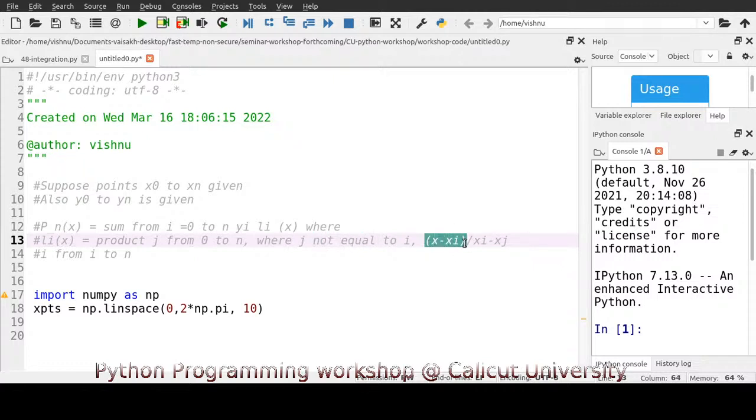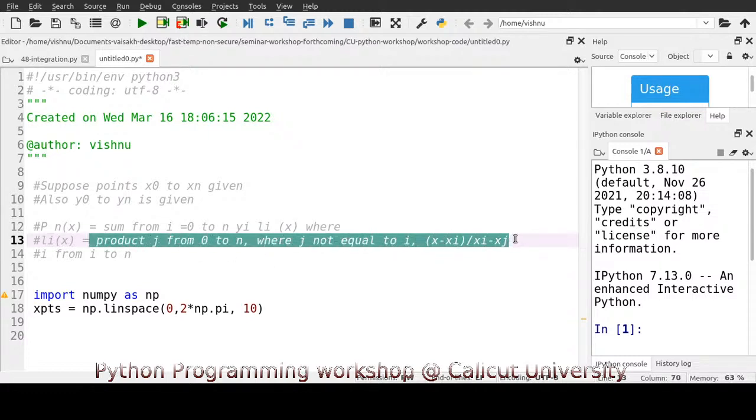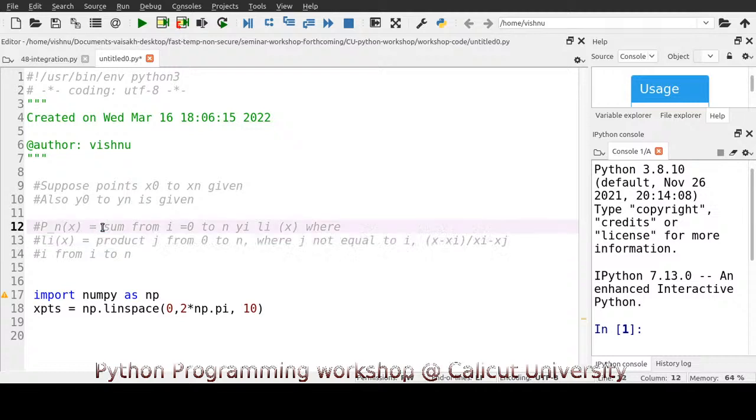Sorry, 0 is also included. Therefore, there are n factors of x minus xj. So Li of x is a polynomial of degree n. Pn of x is the sum of all these Li's. Therefore, Pn of x is also a polynomial of degree n. So if you are given data points from 0 to 10, then our polynomial will be of degree 10.